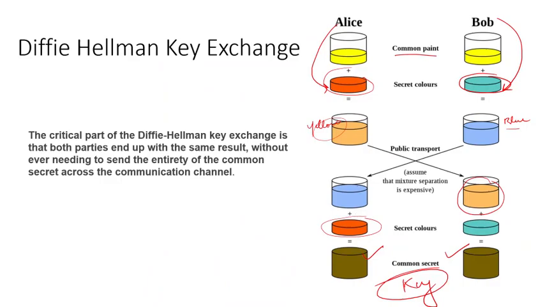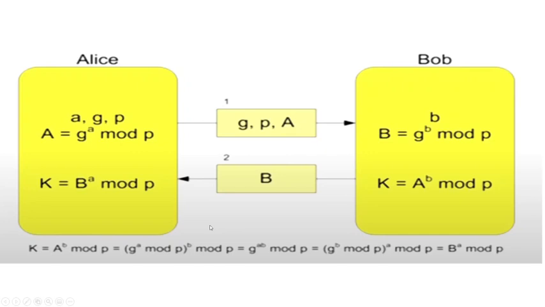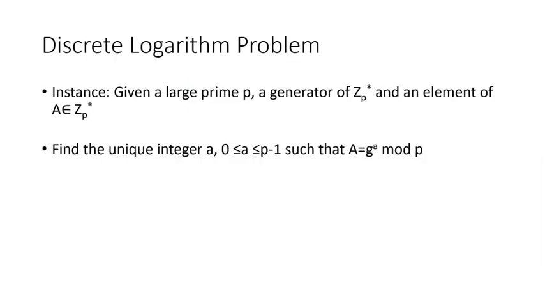But the problem with this Diffie-Hellman key exchange protocol, which I have already explained, is this. All this is good, but there is a problem called the discrete logarithmic problem.